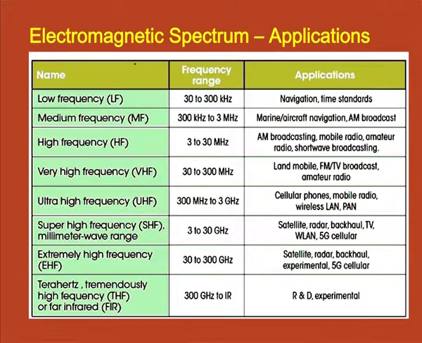Now, beyond that there are spectrums which are named infrared, visible, ultraviolet, X-ray, gamma ray and cosmic rays.